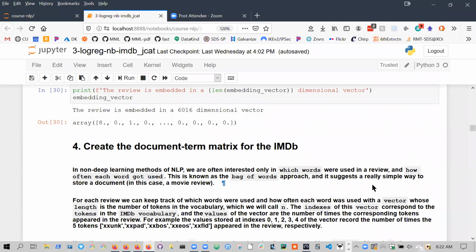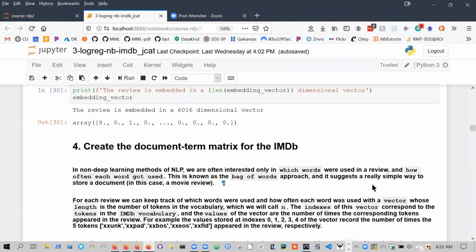So if you had one review in your database, the way you would decide on the dictionary is you would just look at all of the tokens and see which ones were used more than 3 times, I think, and then those tokens would be your vocabulary. So then if you had 2 reviews, you would have to combine all of the tokens in both reviews and then see how many unique tokens you have, right?